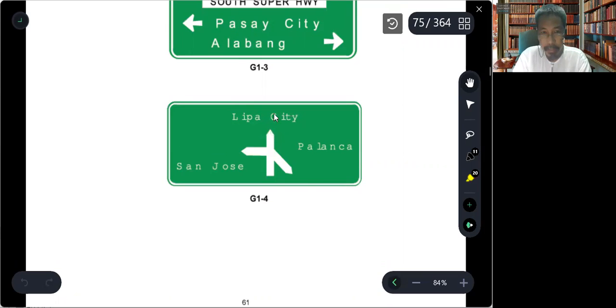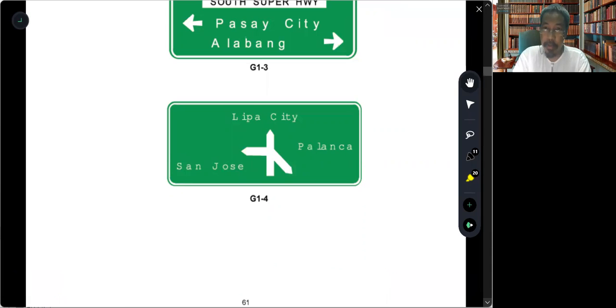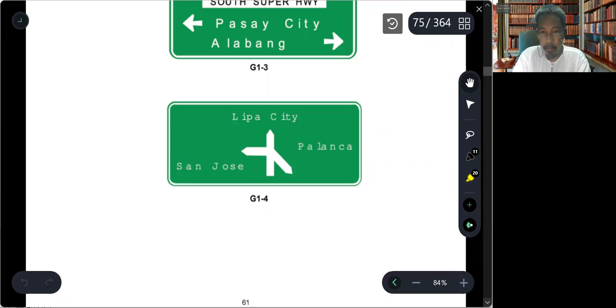So Lipa City, straight ahead. San Jose, to the left. And Palanca. This is not to the right, but to the what? 45 degrees going down. So there's no use of arrows going down. Okay.